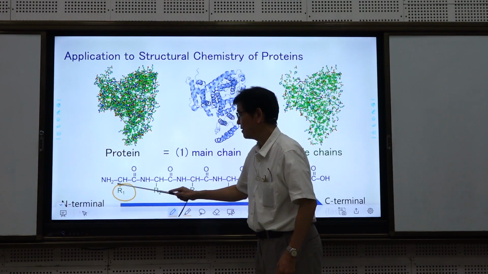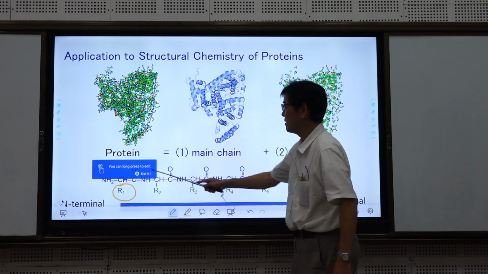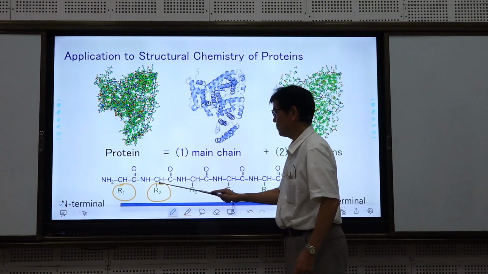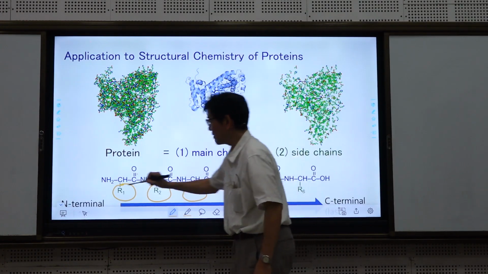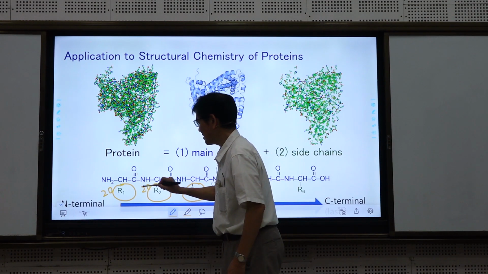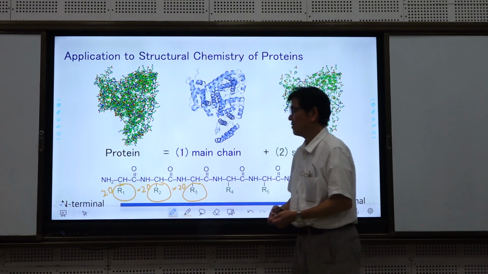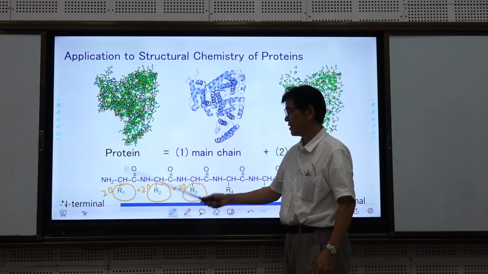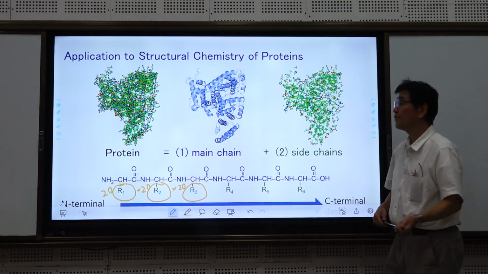R1, R2, R3 each have 20 possibilities. So there is a large number of combinations of R1, R2, R3, R4.